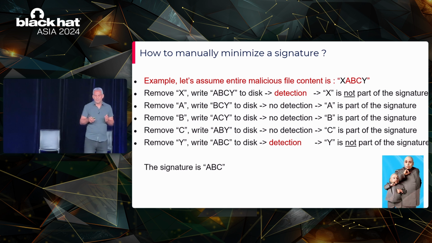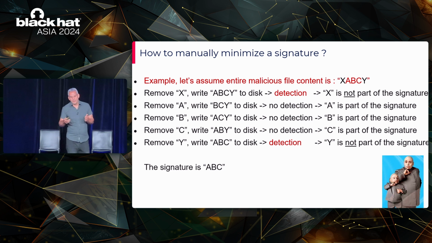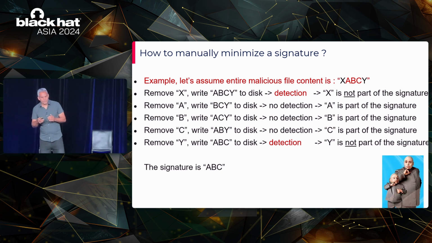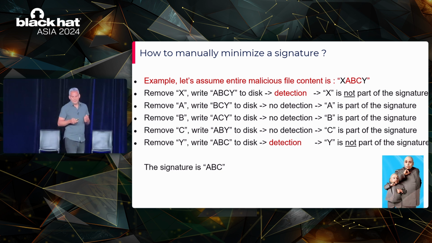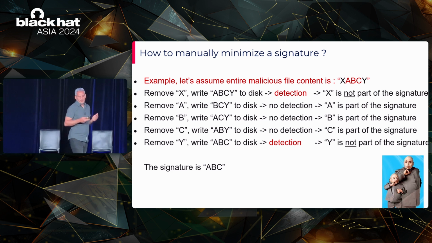We decided to minimize each file to a minimal byte signature that still triggers Defender. Let's go over a simple example to understand our technique. As we can see in the example, we started with the string XABCY, a detected signature. We removed the first letter X and wrote the file to disk in order to trigger Defender to scan the file.